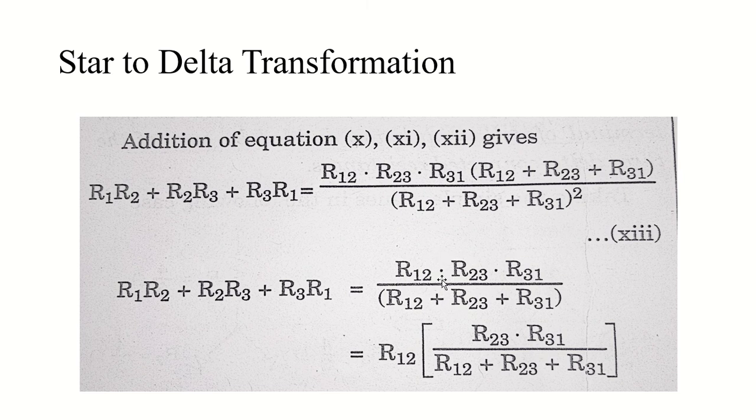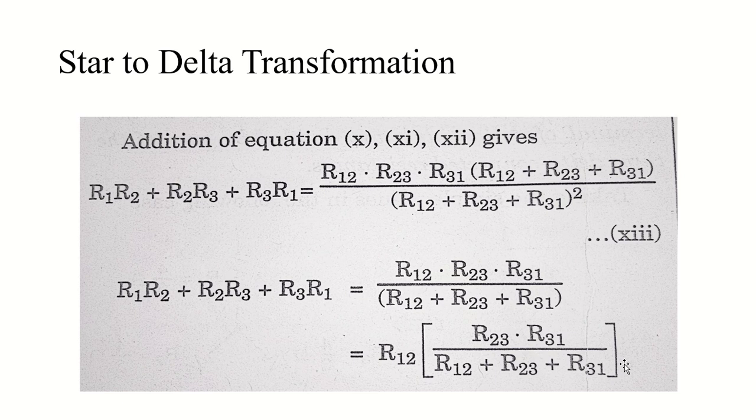If I put a bracket over these, separating R12 away and putting R23 into R31 divided by R12 plus R23 plus R31, can't we do that, right? We can do it. So when we do it, we will get this value, R23 dot R31 divided by R12 plus R23 plus R31. So doesn't this equation look a little familiar to you?